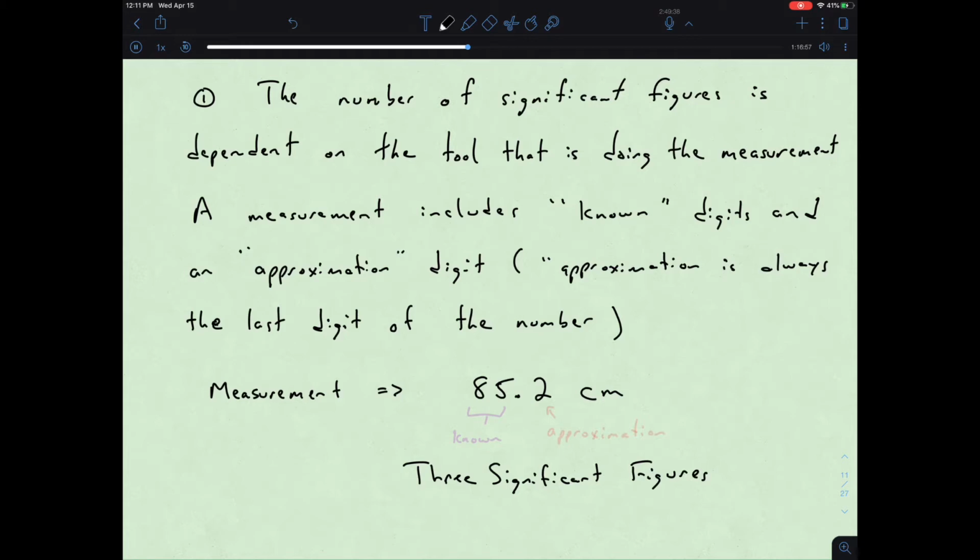We have 2 of those significant figures that are known, and then we have that last digit, which is the approximation. So all digits in this sense are significant.